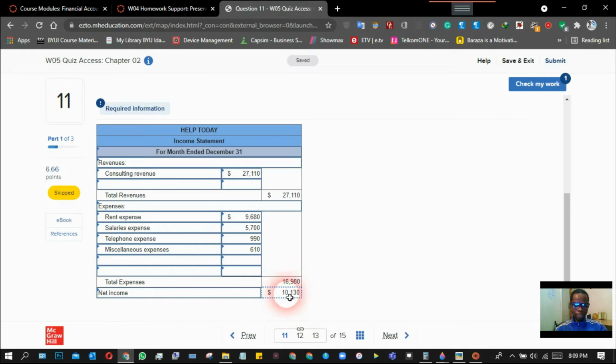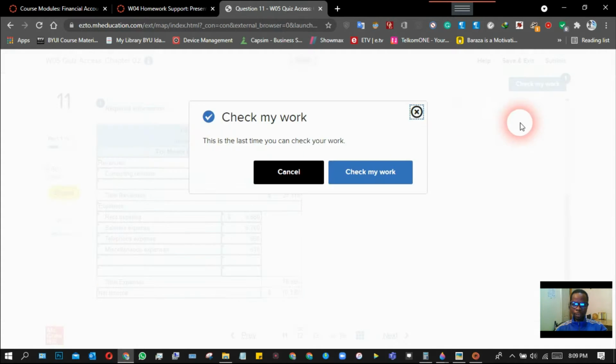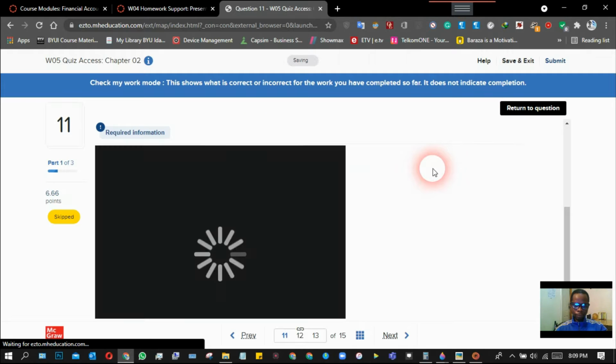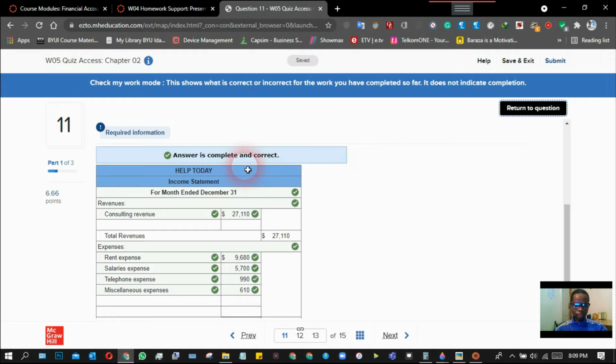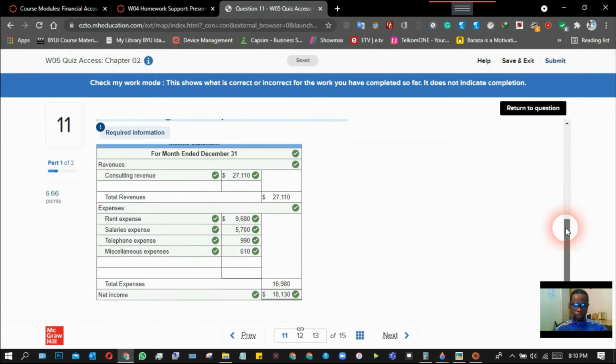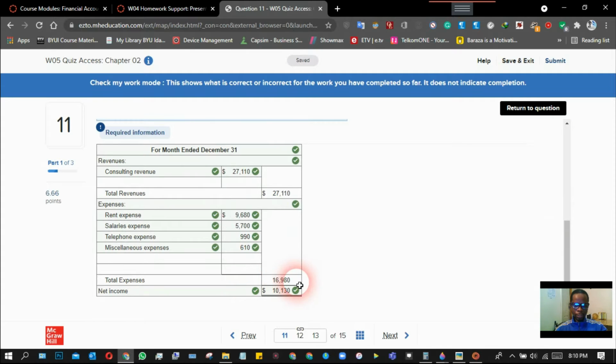Remember, the net income, we will use it when we are calculating the statement of retained earnings. So we need to remember this amount. So let's just check our work to make sure we have done the right thing. Okay, check my work. Yeah, so you can see that the answer is complete and correct, and we have the correct net income.